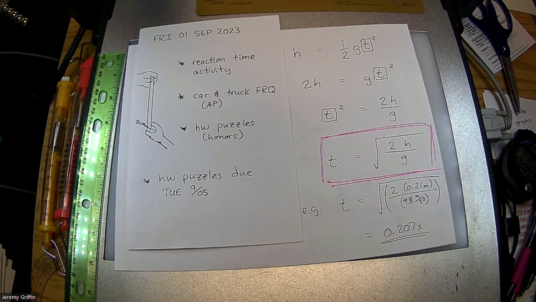Where the H is, I'll just put 0.21 if I caught it at 21 centimeters. Where the G is, yeah, you can put 10 meters per second squared. Yeah, and again, you should get a reaction time about what Alexandra got, about 0.2 seconds. Right, you guys get that?